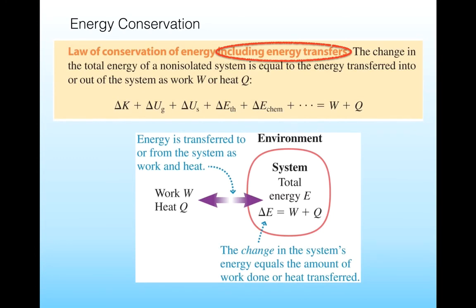So once again, if we're talking about losing energy due to friction when the baseball player was sliding into third base, then you can have heat leaving the system, causing the system to overall lose some energy. And that means that energy is being transferred into the environment in the form of heat. The change in the system's energy equals the amount of work done or heat transferred into or out of the system. Delta E equals W plus Q.